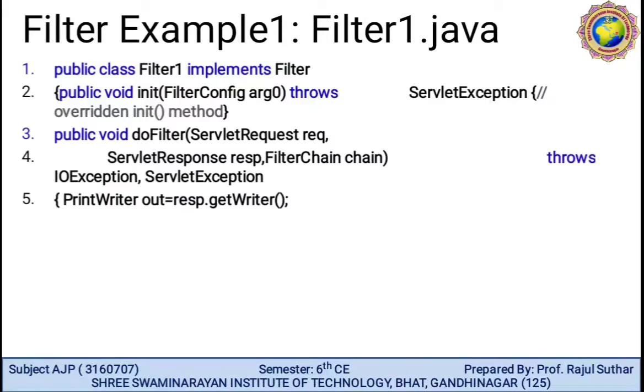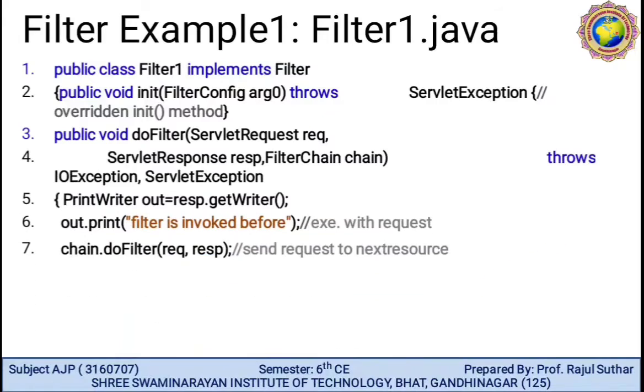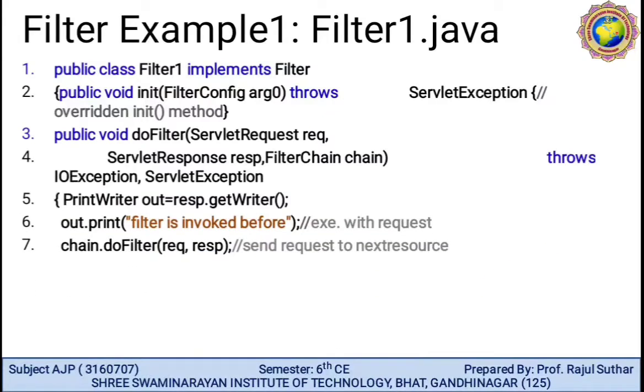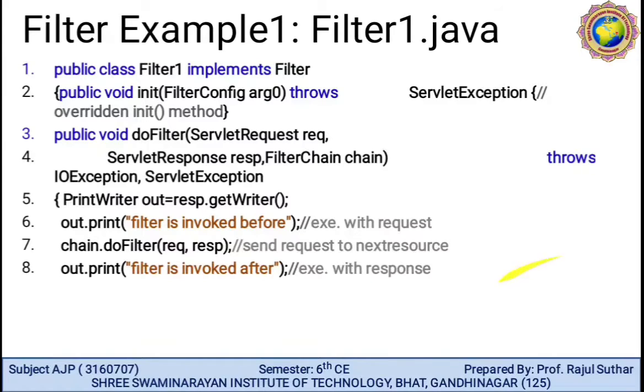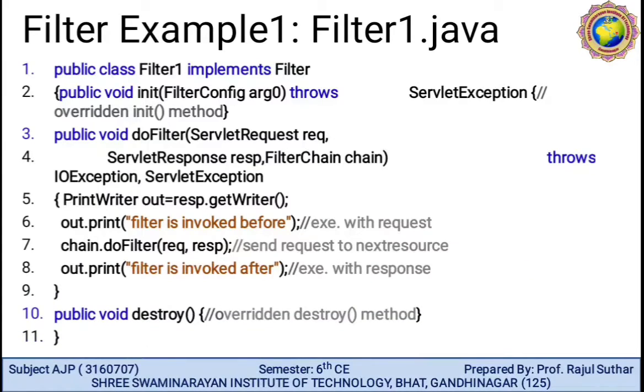For the servlet filter, doFilter(ServletRequest, ServletResponse, FilterChain) throws IOException, ServletException. PrintWriter out = response.getWriter(); out.print("filter is invoked before"); and chain.doFilter(request, response), so it sends a request to the next resource. out.print("filter is invoked after") with the response. First is required for the request, and "filter is invoked after" means it works with the response.